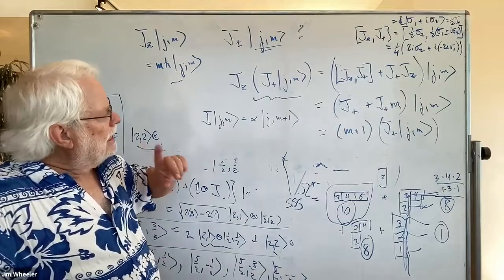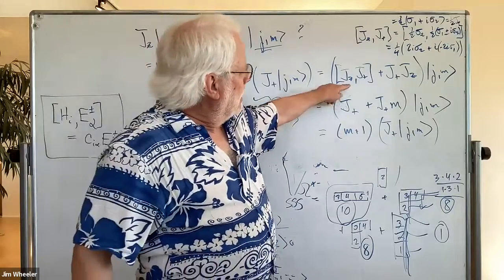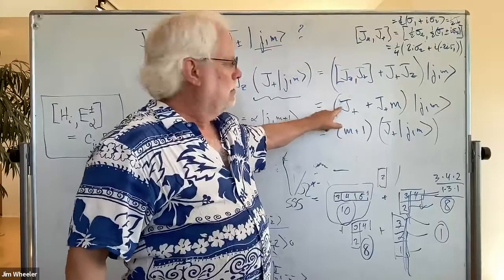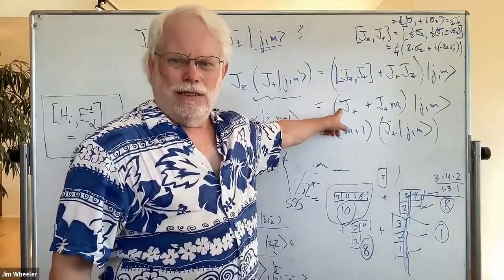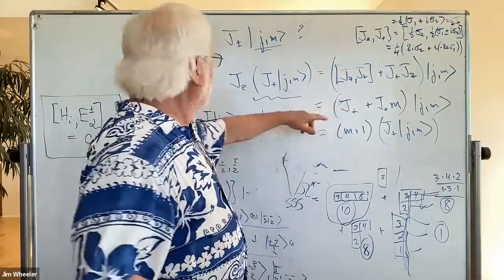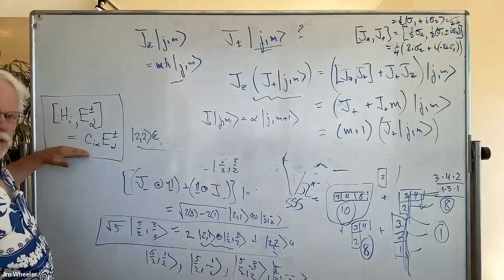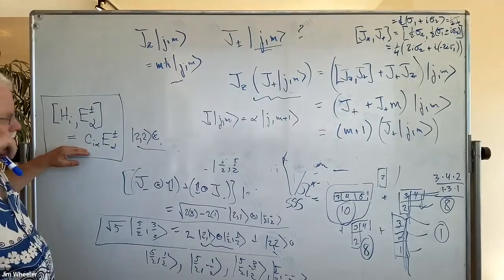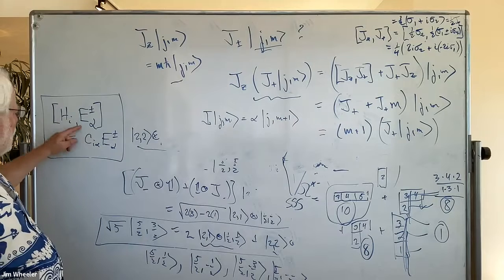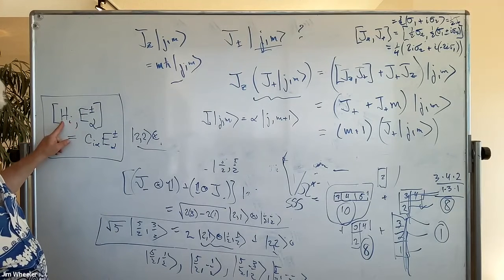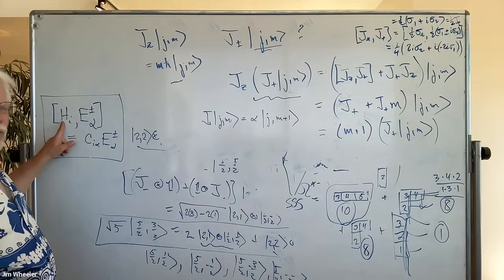But the key here was that this commutator comes back to J plus. There could be some constant here, depending on the weight. But a commutator of this form gives you a way to generate different eigenvalues of that operator. That's the generalization we're after here.